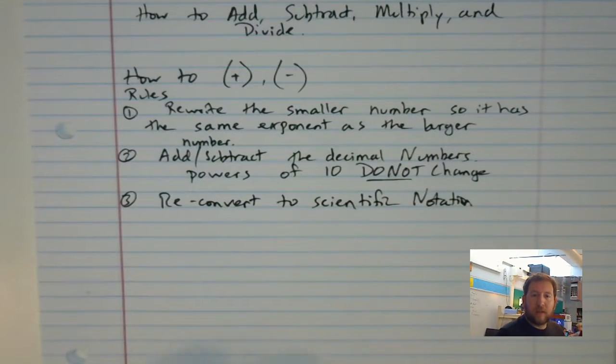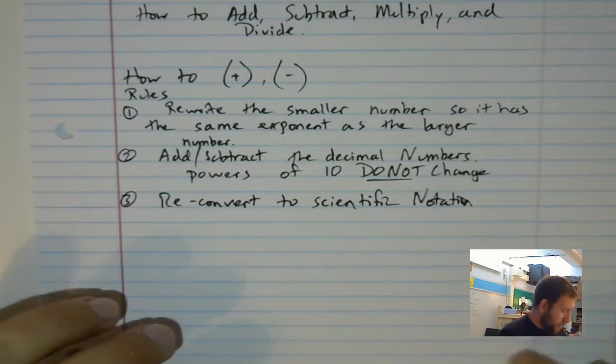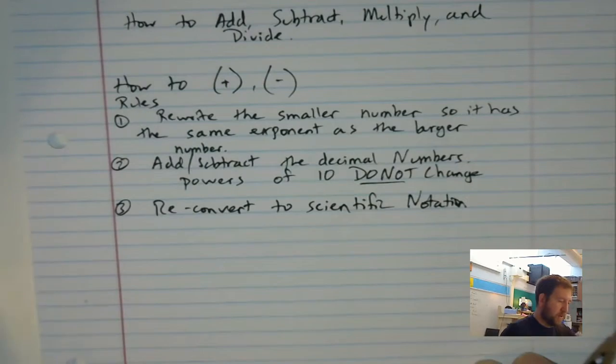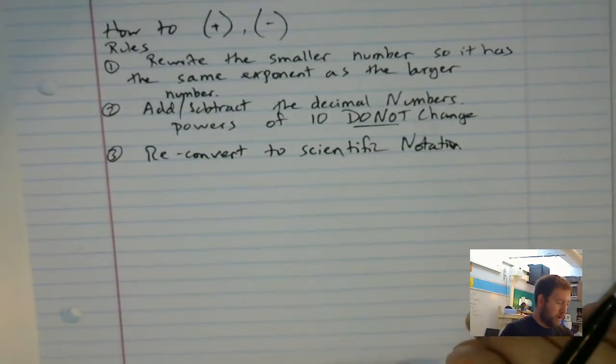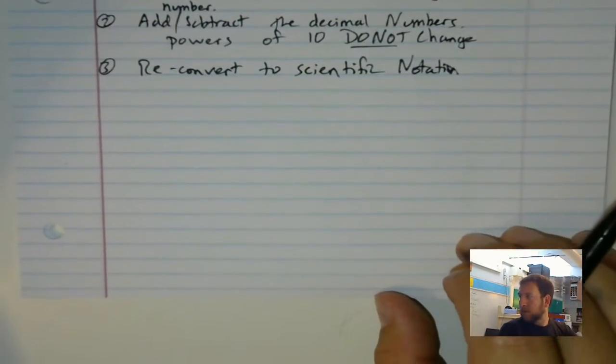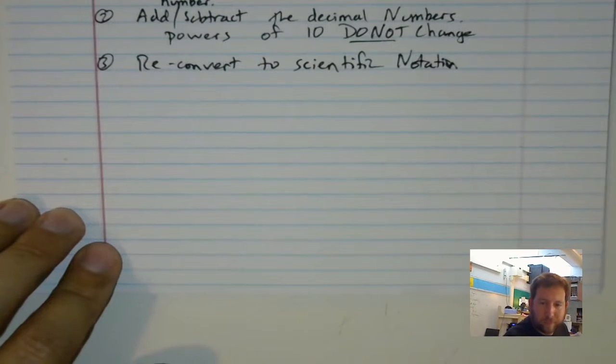Okay, let's take a look at a couple of examples. First, I think I have enough space on this page to do one, so I'm going to do that one right here. I'll make sure that it fits. Cool. All right.